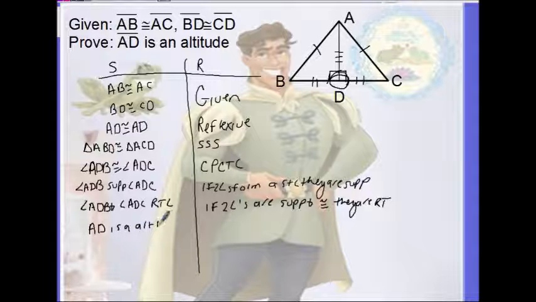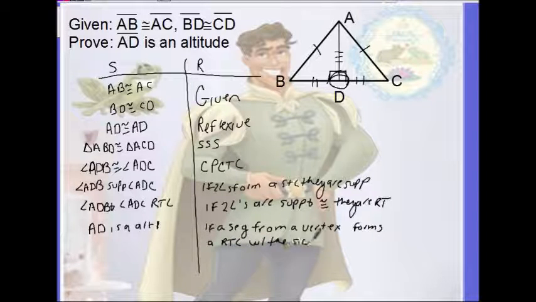For our reason, if a segment from a vertex forms a right angle with the side opposite, it's an altitude. Alright, there's that. So here's how that theorem is actually going to be applied. It's going to be applied by helping us show that we have altitudes.